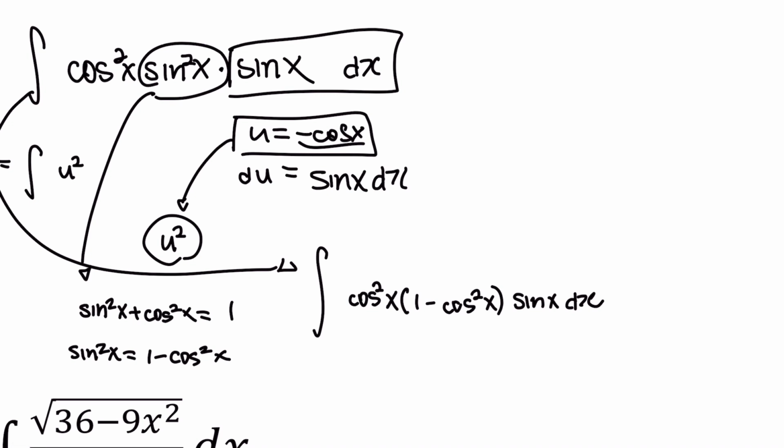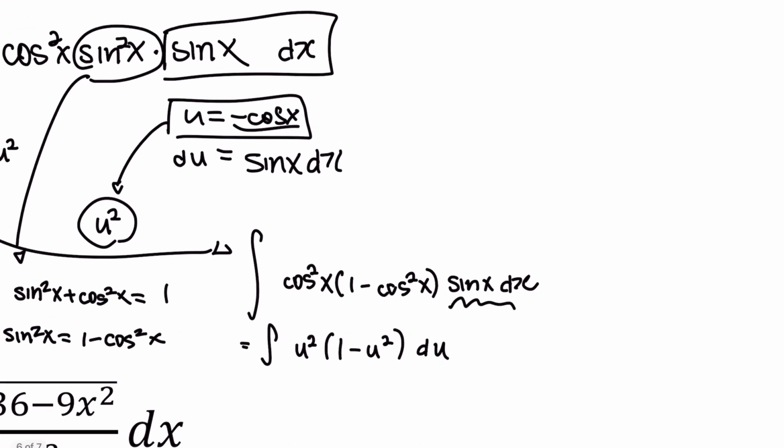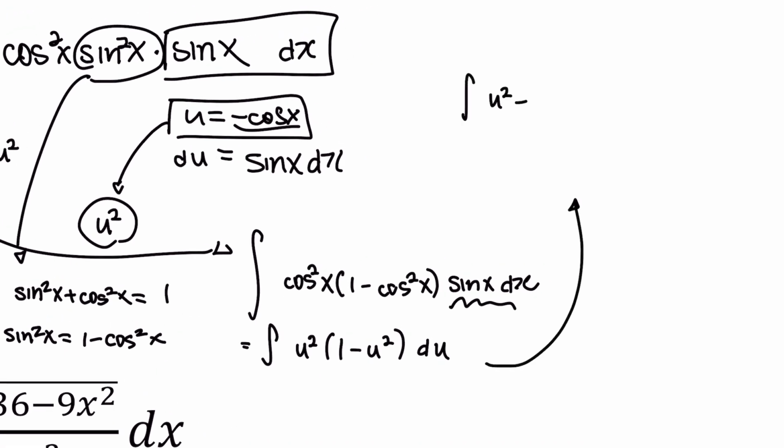Since we have cosine squared x, we're going to put that as u to the power of 2, and then we also have 1 minus u to the power of 2, and then sine x dx is just du. So we're going to put the integral. That's our equivalent expression. Let's expand this out a little bit. u squared minus u to the 4th power is the expanded version of this, and then du.